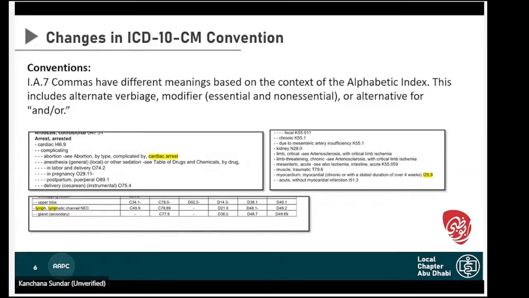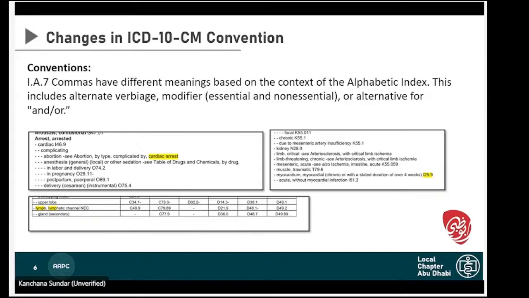Here, it is neither an alternative verbiage nor a non-essential verbiage. This is guidance given to coders to lead appropriately to the code, where abortion should be the search point, and the next subcategory to be checked is by type and complication, and then go ahead with cardiac arrest.